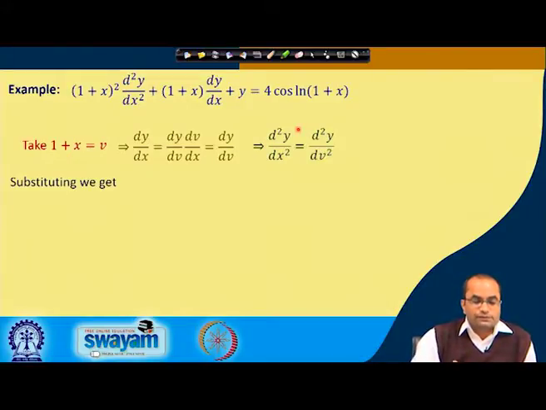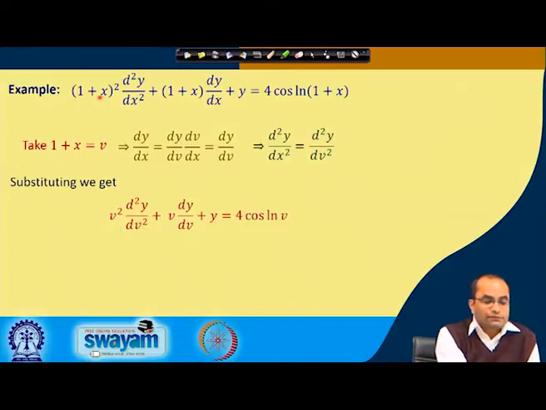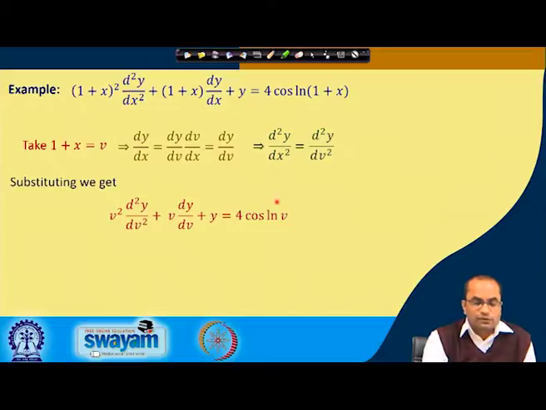If we substitute this in the given equation, we get v squared d2y over dv squared, plus v dy over dv, plus y, and the right hand side is 4 cos of ln v.